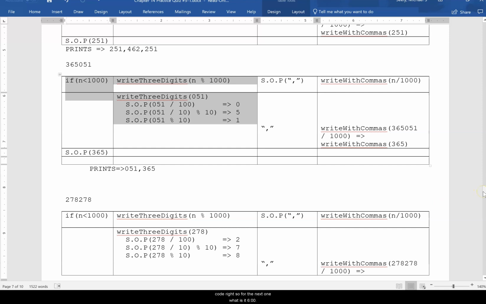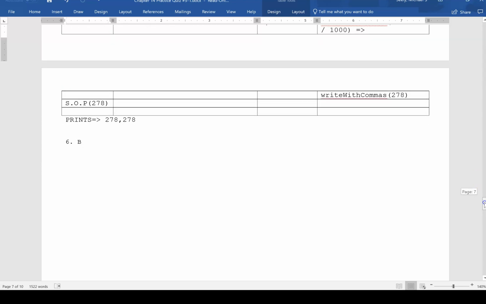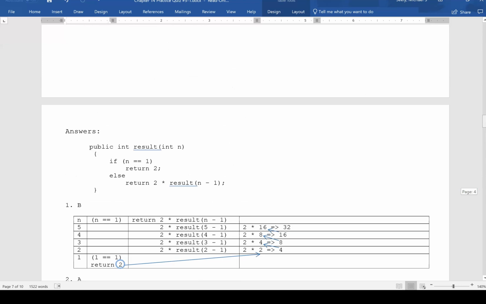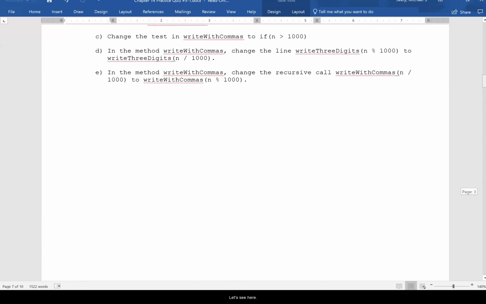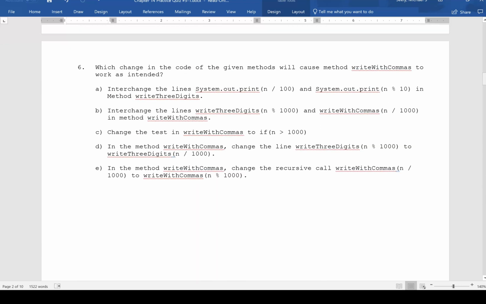All right, so for the next one, what is it? 6. Let's see here. So which change given methods will cause method write with commas to work as intended?